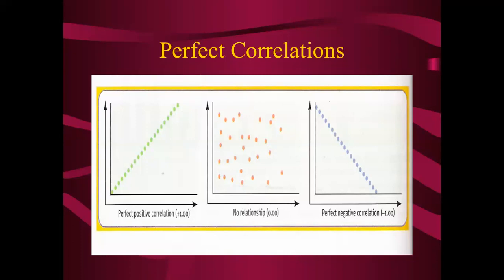Now, I said to you, it is very rare that you have a perfect correlation. So the idea of connecting all the dots with a single straight line is not likely. Now, you'll see I skipped the concept of no relationship or no correlation, right? So when you look at no correlation, do you see how the dots are all over the place? Can you give me a line that would reflect the trend of these dots?